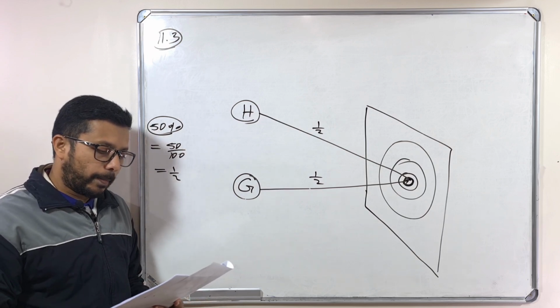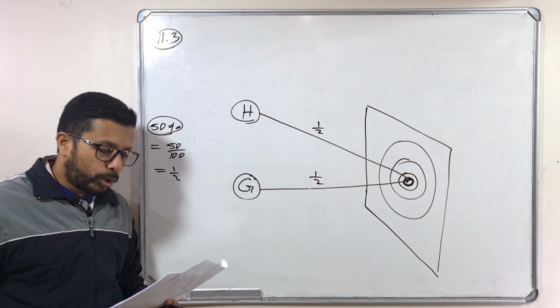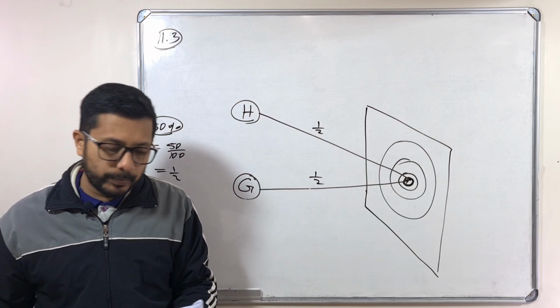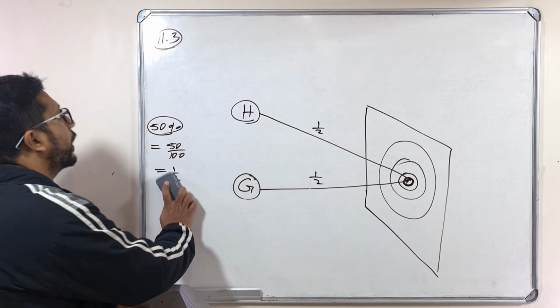Now, what is the question? Calculate the probability that the person who shoots first will be the winner of the challenge.